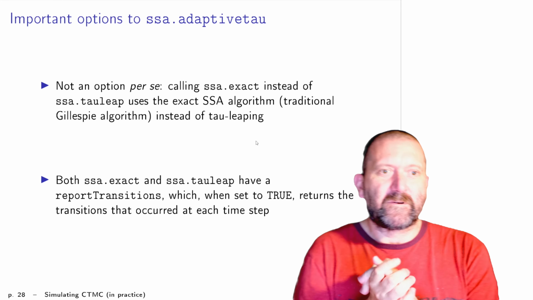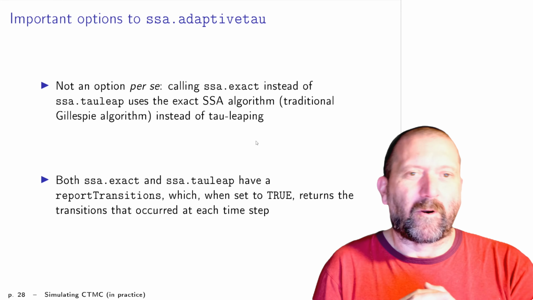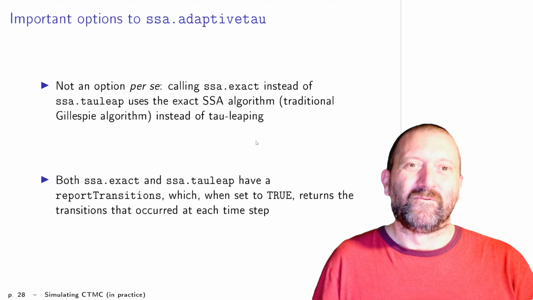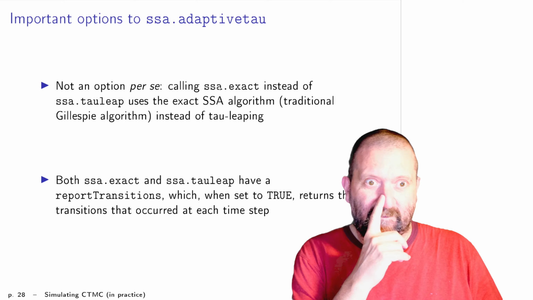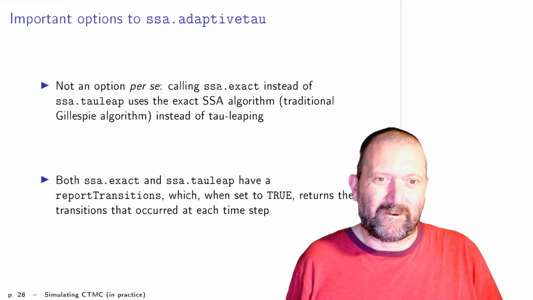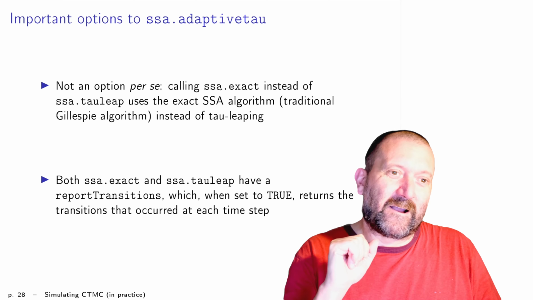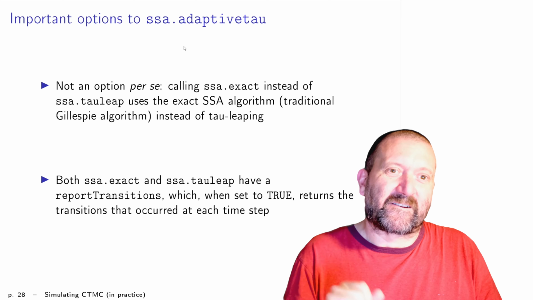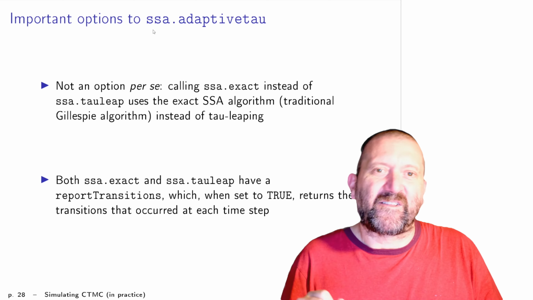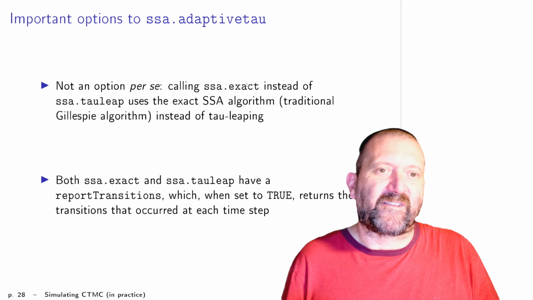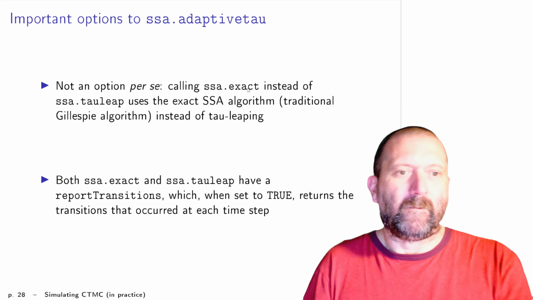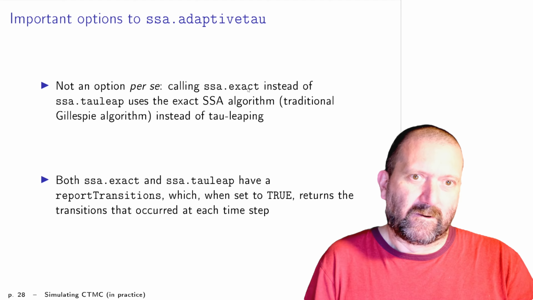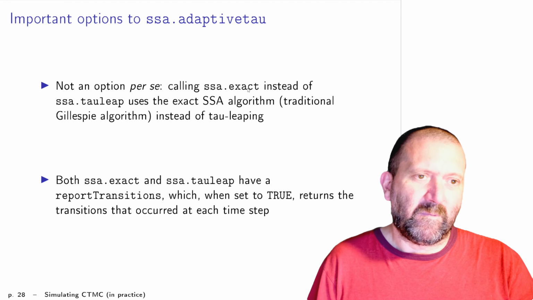Now, there's 2 very important options. I mean, one is not an option to using SSA adaptivetau. So the first one is, as I said at some point a few minutes ago, that you can also solve exactly. So if instead of saying SSA adaptivetau, you say SSA exact, then what you use is the traditional Gillespie algorithm, instead of a tau leaping algorithm.